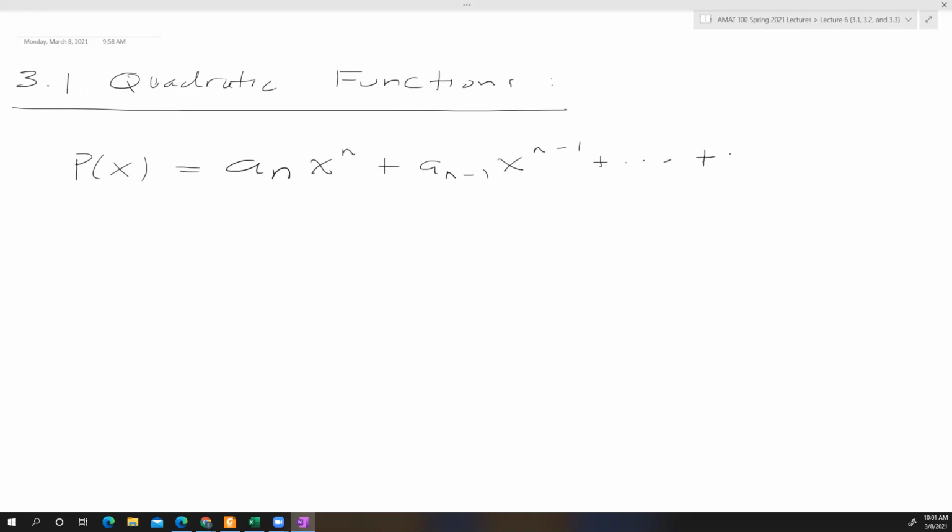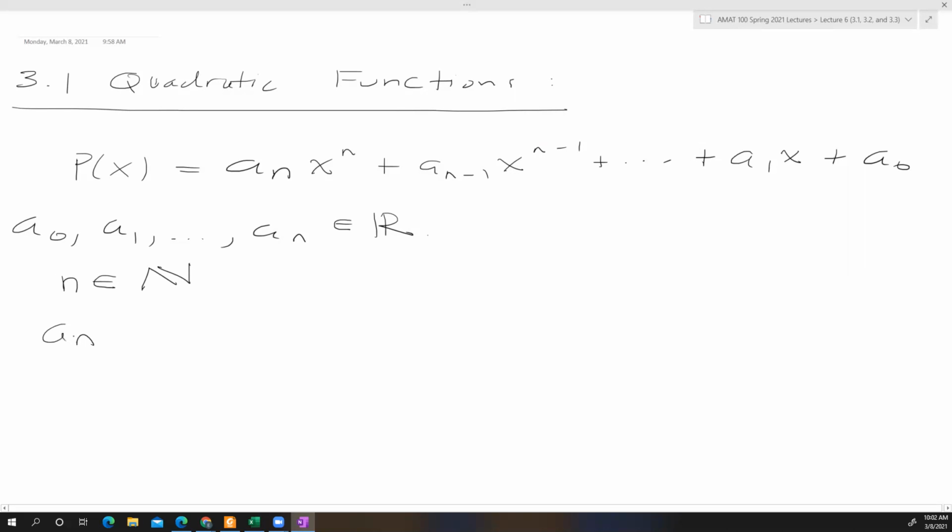And then we have some intermediate terms. And then finally we have a1x plus a naught. The coefficients are real numbers, so a0 up to an are real numbers, and n is some fixed positive integer or some natural number.